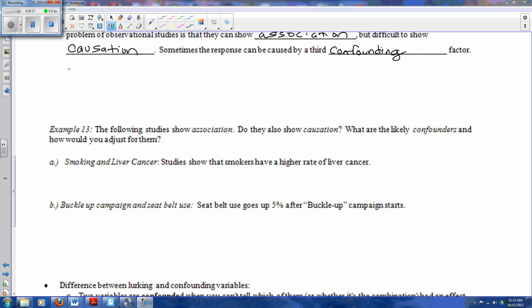Examples for why we have to do observational studies: if we want to look at the effects of a couple of things, like malnutrition.